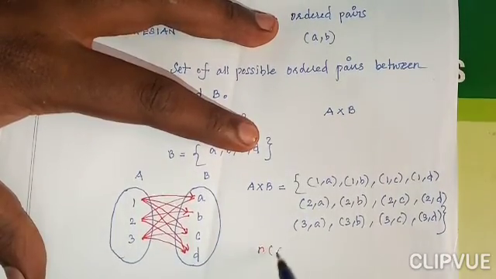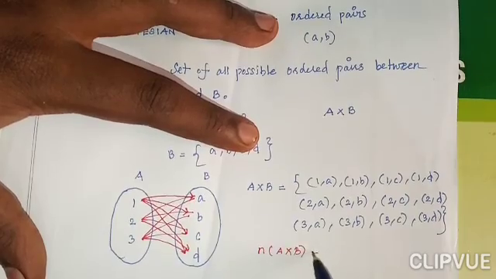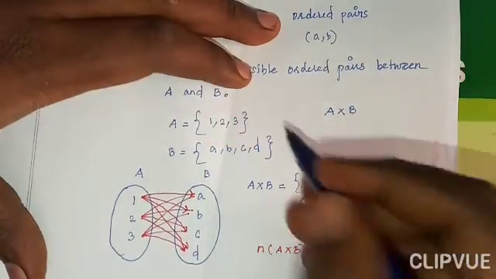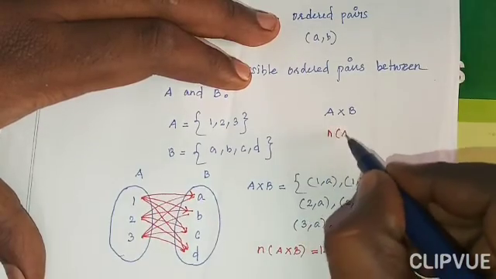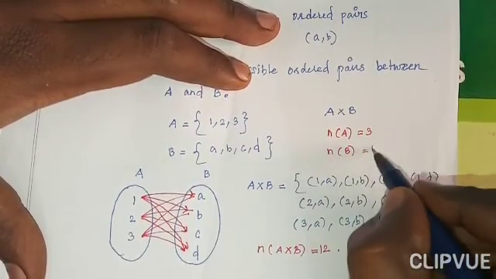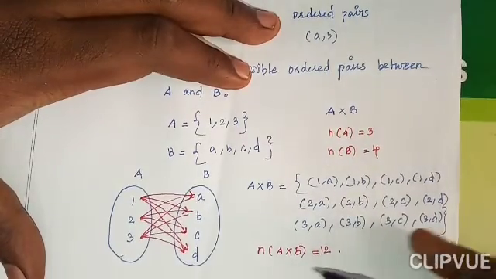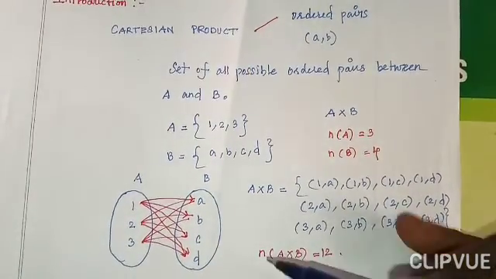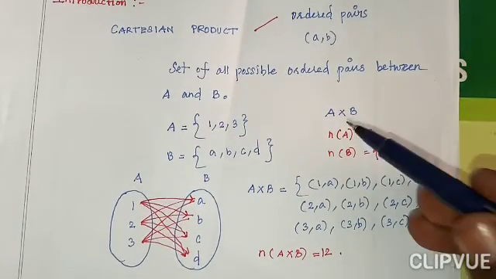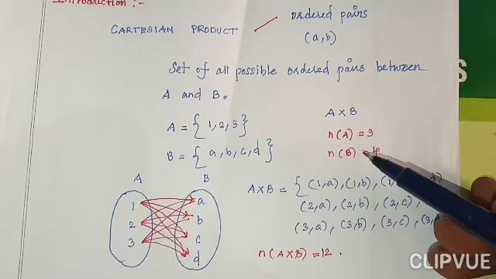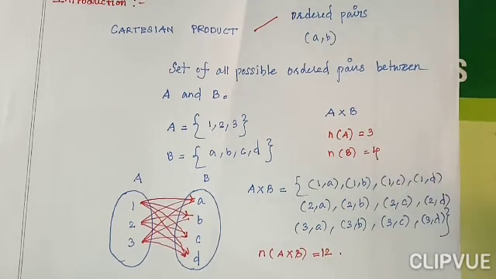So n of A cross B is equal to 12, where n of A equals 3 and n of B equals 4. Sometimes n of A cross B is given, and either n of A or n of B is also given, and they ask us to find the number of elements in the other set.